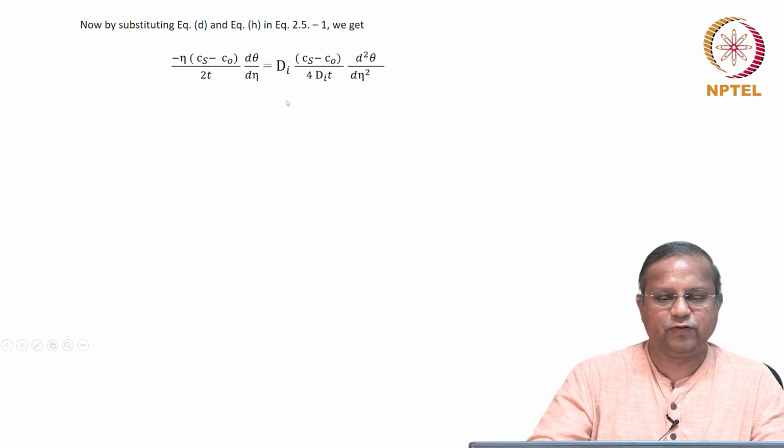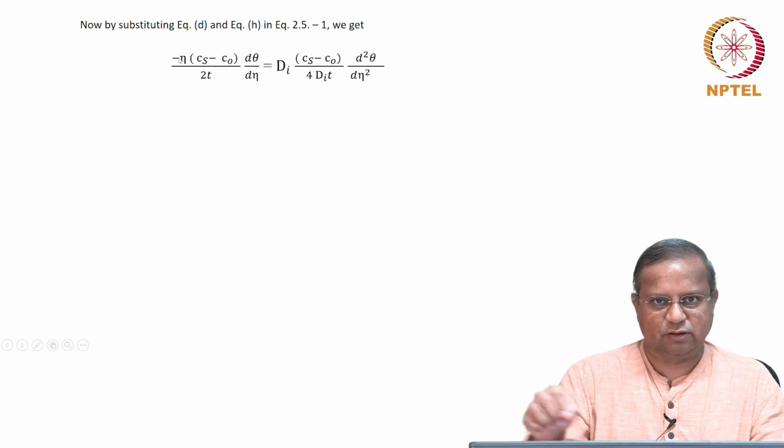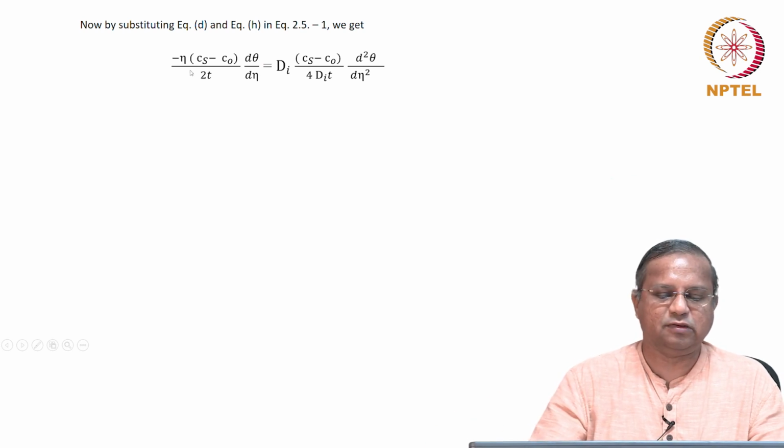Again, I would like you to verify this. You need to write it down and check: minus eta, Cs minus C naught divided by 2t, d theta by d eta equals Di, Cs minus C naught by 4 Dit, d squared theta by d eta squared.